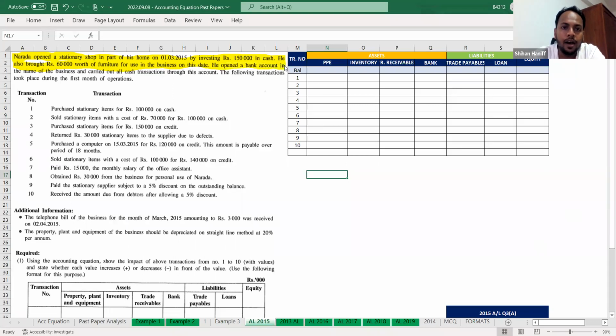He opened a bank account in the name of the business and carried out all the cash transactions through this account. The following transactions took place during the first month of operations. So he has started the business on 1st of March, and these transactions are during the first month.